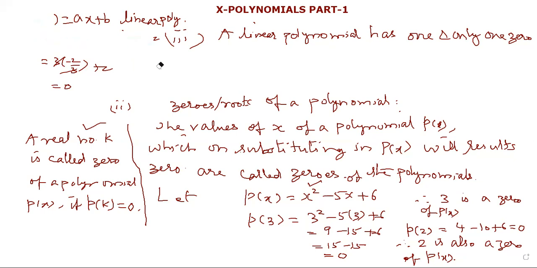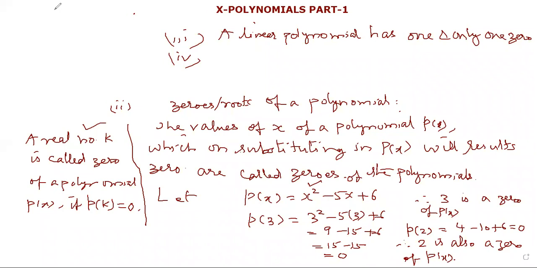Then we have the quadratic polynomial. The second type of polynomial has degree 2. In standard form, a quadratic polynomial can be written as ax square plus bx plus c.